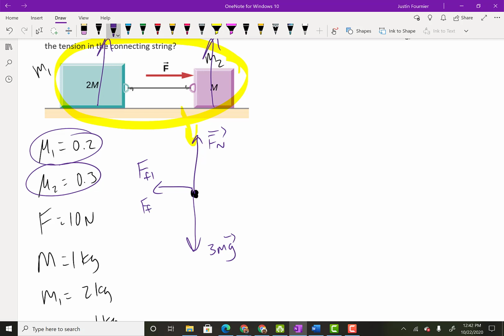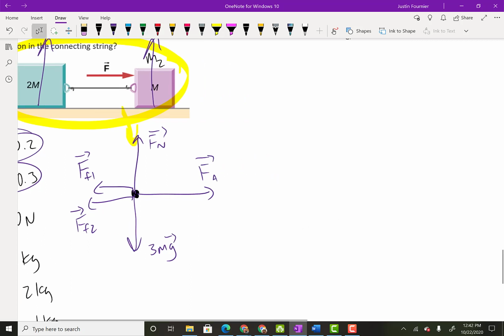I'm not going to do the K. And then the friction force 2. And then if the whole thing's my system, there's the total force F doing this, right? All right, so let's see where this gets me.